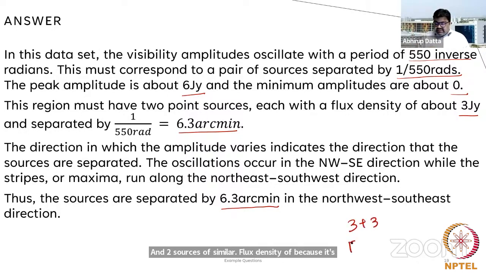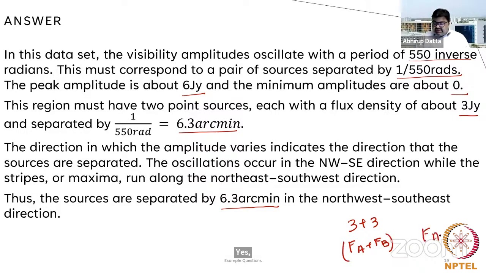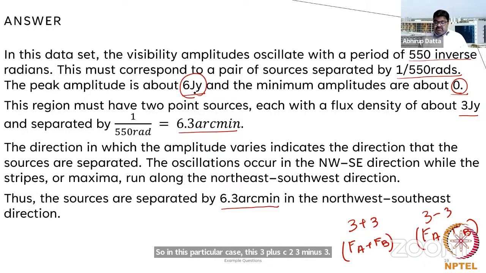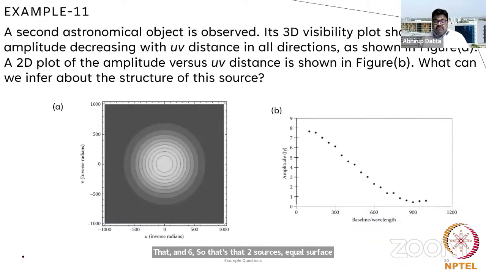We have seen that example: FA plus FB when the cosine function peaks, and when it goes negative, it is FA minus FB. So in this case, it is 3 plus 3 to 3 minus 3. That matches, so it is 0 at the minimum and 6 Jansky at the maximum. So that's the two sources, of equal brightness of 3 Jansky, separated by 6.3 arc minute.